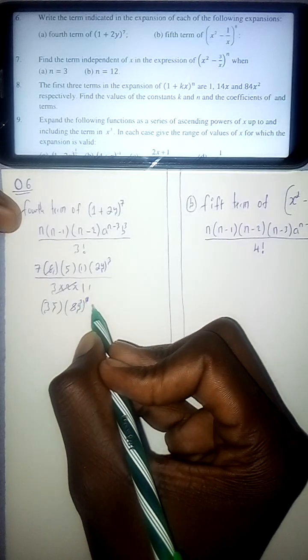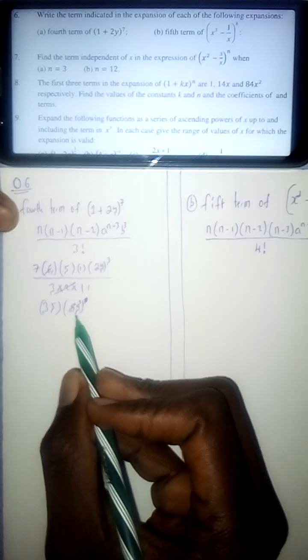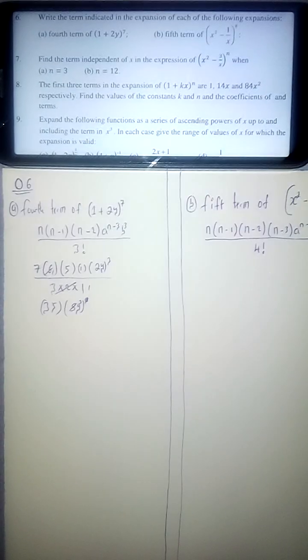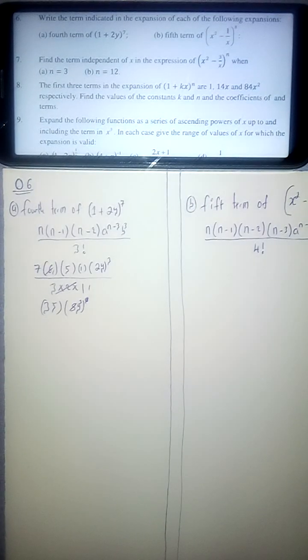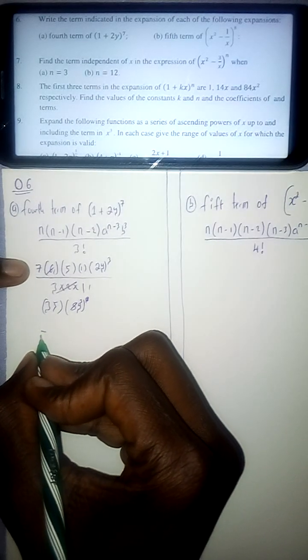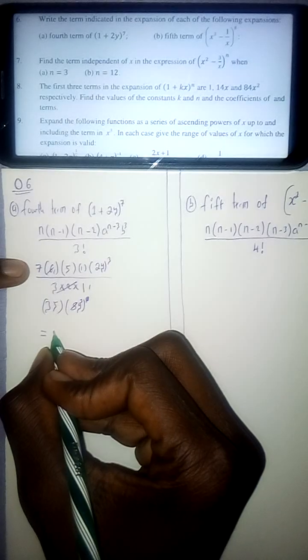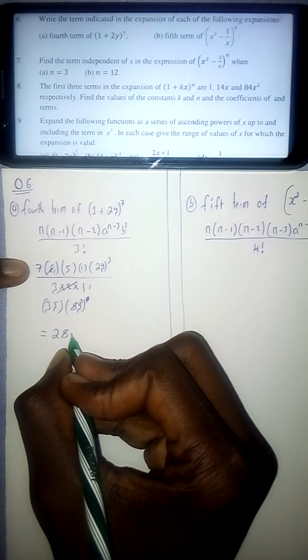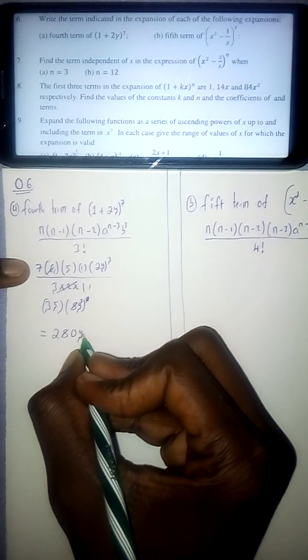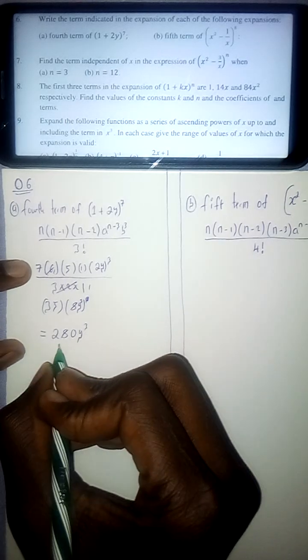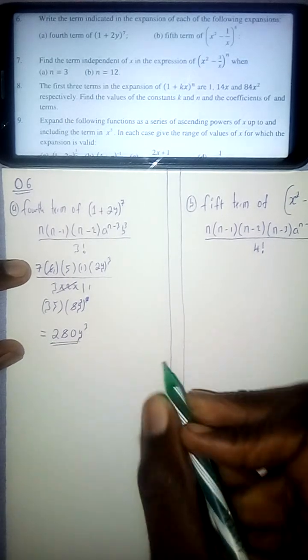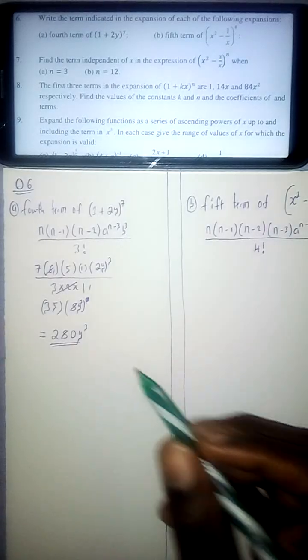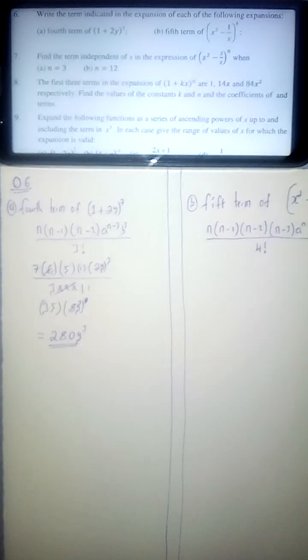So multiplying gives 280y raised to the power 3. So this is it for the fourth term.